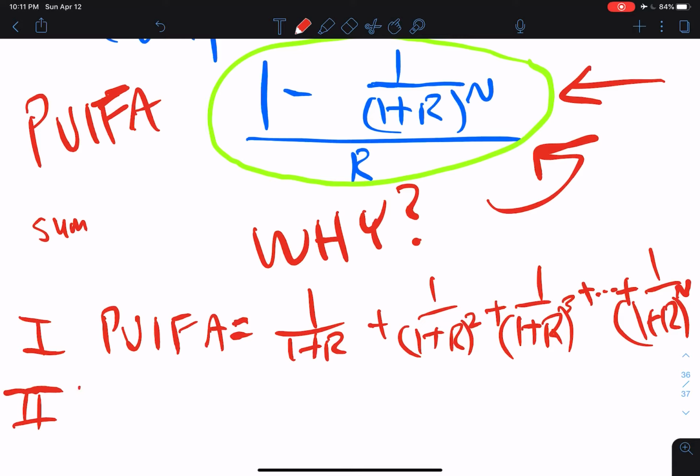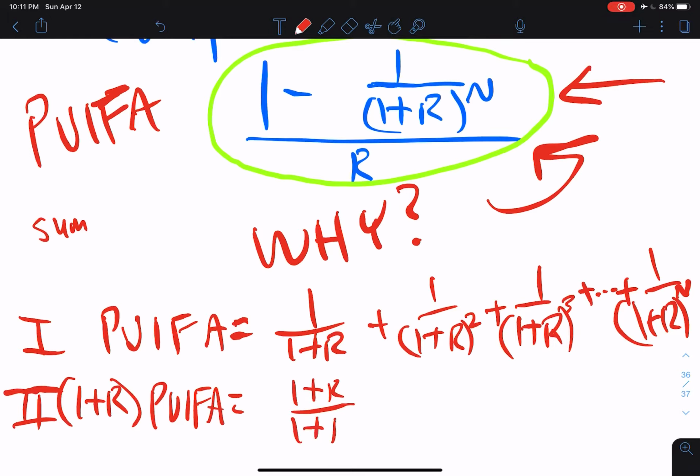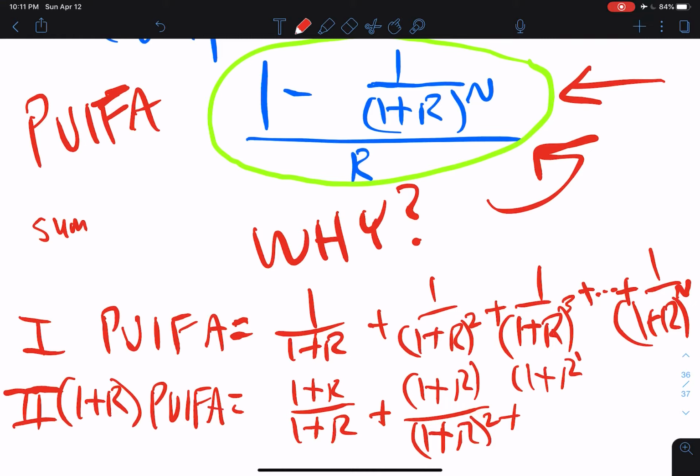And so on the left-hand side, I'll have 1 plus r times PVIFA. And on the right-hand side, I'll have 1 plus r over 1 plus r. Then I have 1 plus r over 1 plus r squared. Then I'll have 1 plus r over 1 plus r cubed.